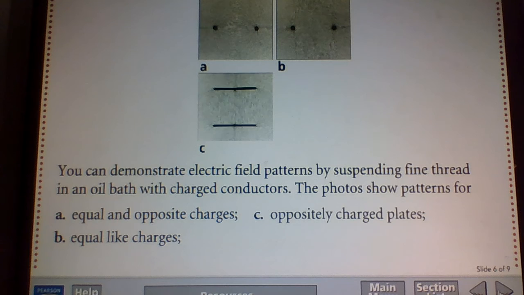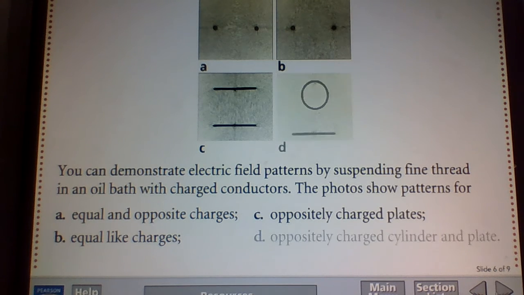And so we can set up some different scenarios where we set up electric fields. What we have here is a situation where there is an equal but opposite charge, one positive, one negative.